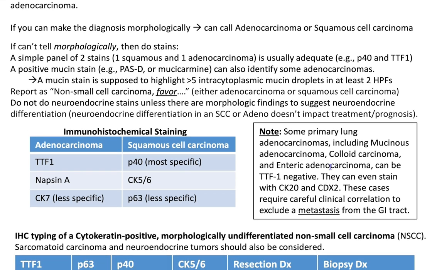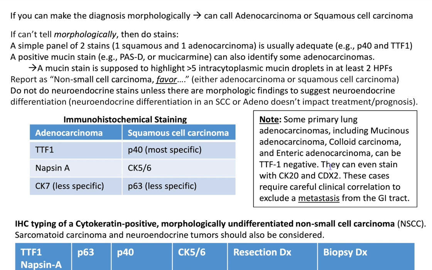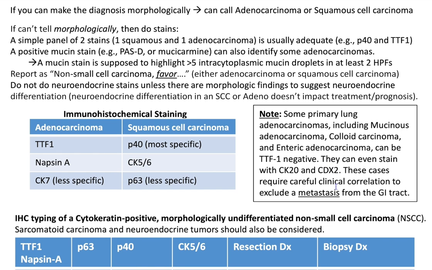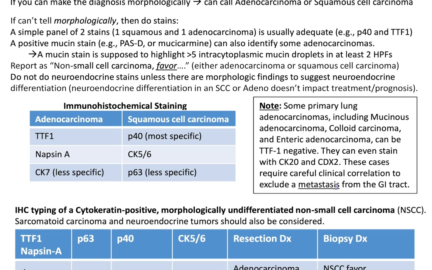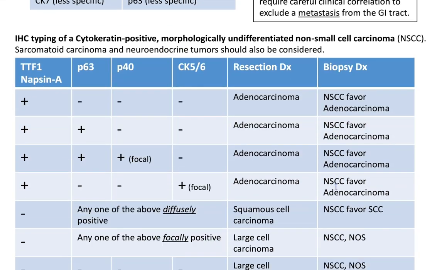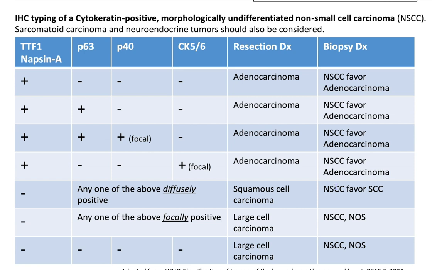Of note, some primary lung adenocarcinomas, including mucinous adenocarcinoma, colloid carcinoma, and enteric adenocarcinoma, can be TTF1 negative. They can even stain with CK20 and CDX2, so that kind of muddles the picture if the patient has a history of colon cancer. So that's why these cases require careful clinical correlation to exclude a met from the GI tract. So here's another table just for your reference.